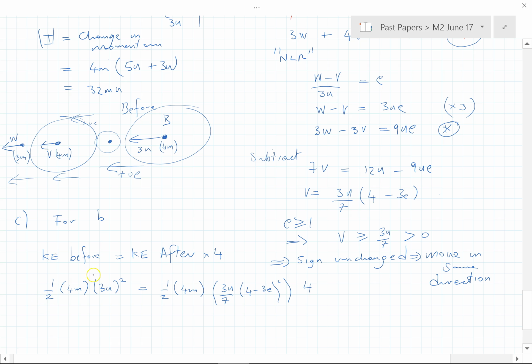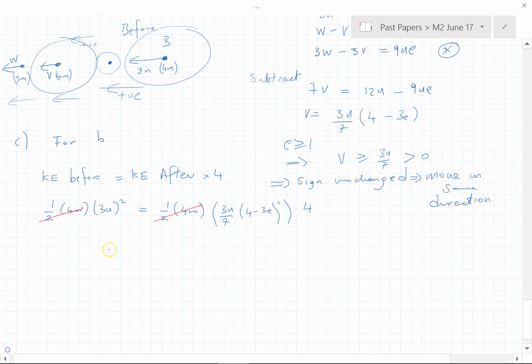Obviously all of this stuff is going to cancel here, so just taking a bit of care now really, I would say. We've got 9u squared here, and here we've got 9u squared over 49, 4 minus 3e squared times 4. So we want to get the value of e from this, which we can do.